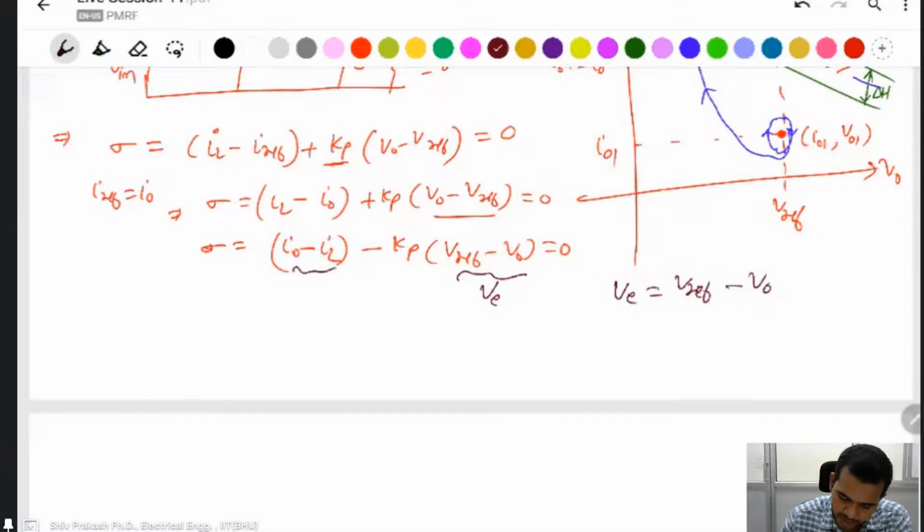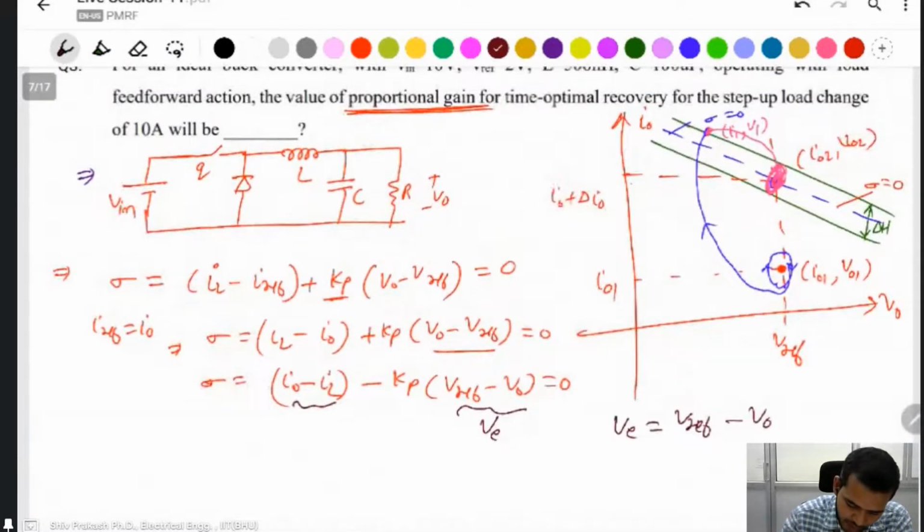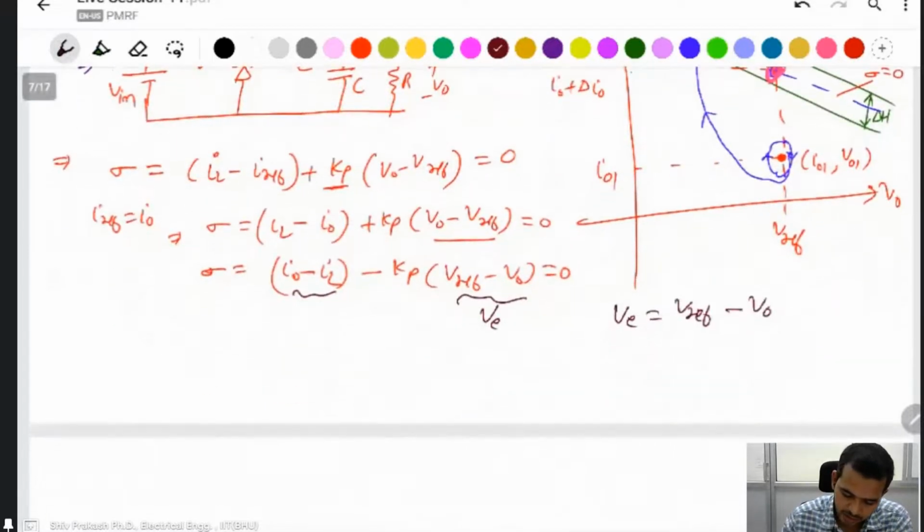And this one, IL minus I naught: here you know this one is IL, this one I naught, this one IC. IC is equal to IL minus I naught, but here given I naught minus IL, it means minus IC, inductor current, capacitor current, minus Kp into VE equal to 0.